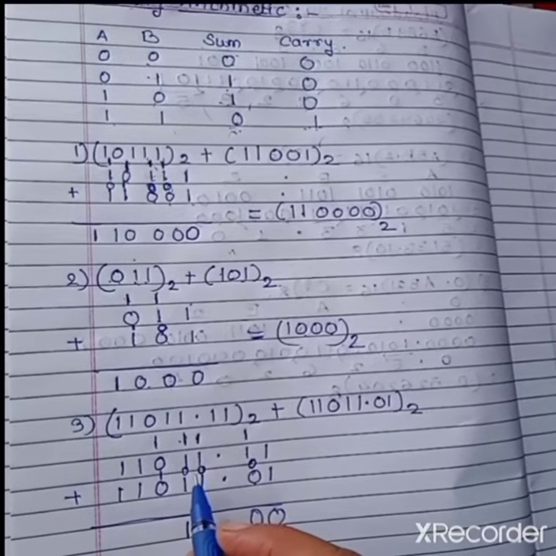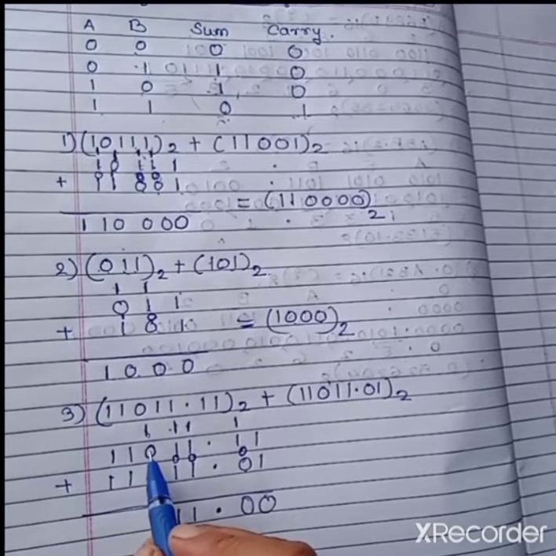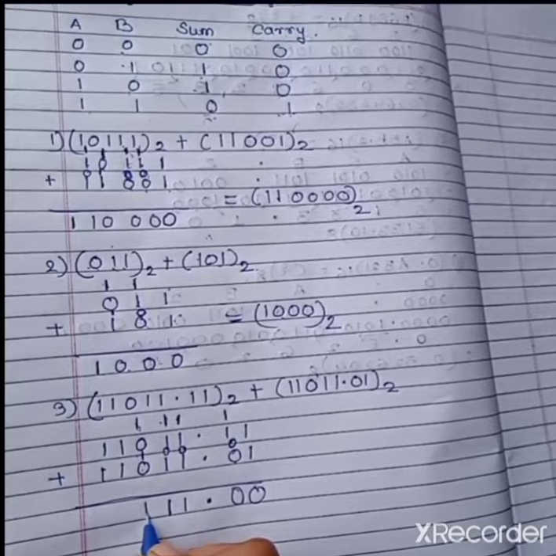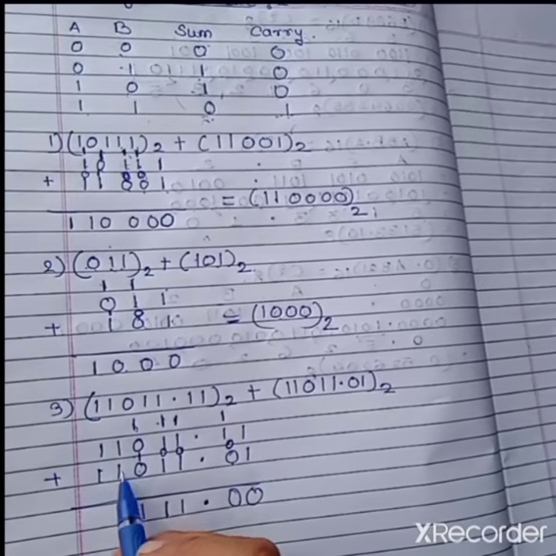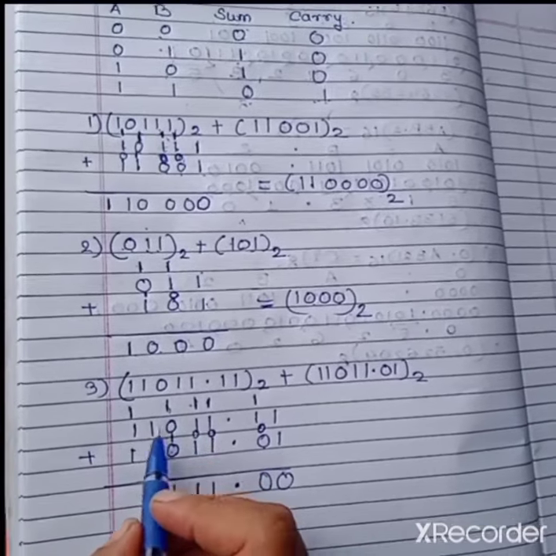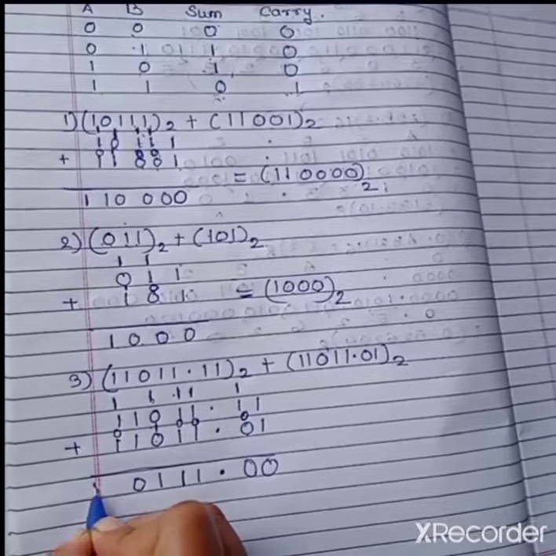If carry is 0, then no need to write down here. 1 plus 0, sum is 1, carry is 0. 1 plus 0, sum is 1, carry is 0. 1 plus 1, sum is 0, carry is 1. 1 plus 1, sum is 0, carry is 1.